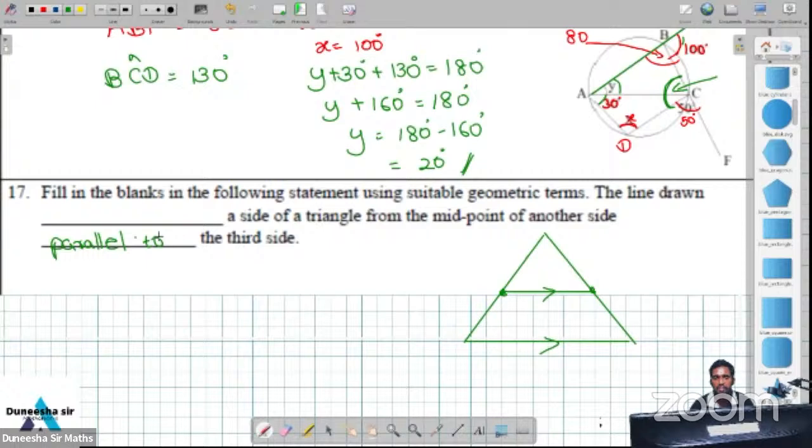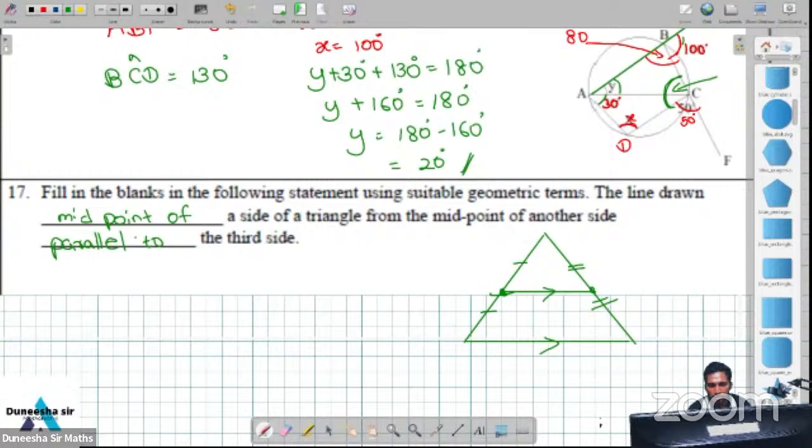Okay, then next one. A line drawn from the midpoint of a side of a triangle to the midpoint of another side is parallel to the third one.